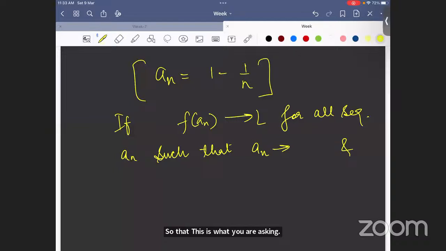This point, yeah, but these two or three statements at this time frame, I'm not able to exactly grasp what sir is saying here.